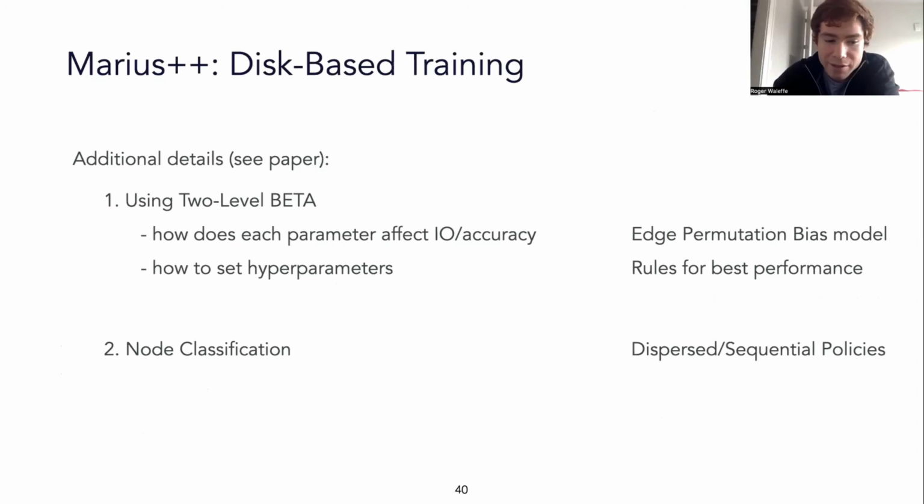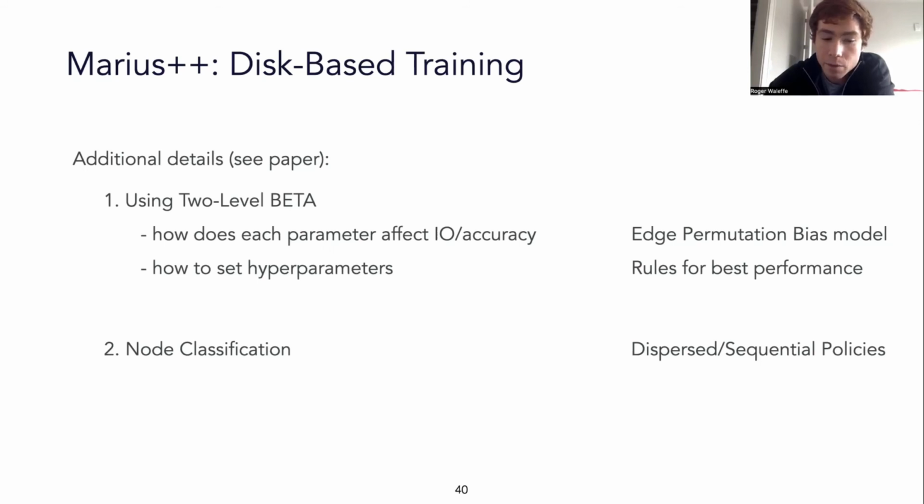And of course, as was the case for dense, we've skipped over many details here. For example, while we know that we can use this two-level beta policy to iterate over graph edges on disk, a key remaining challenge is to actually decide how to best use the flexibility, i.e. how to decide the number of physical partitions, the number of logical partitions, and the buffer capacity so as to minimize I/O and maximize the randomness among all possible settings of these hyperparameters.